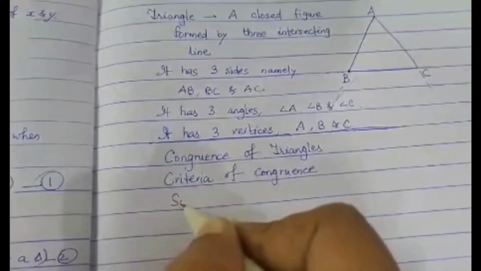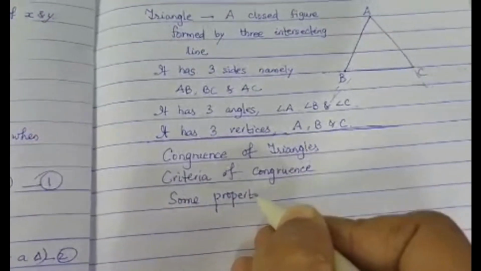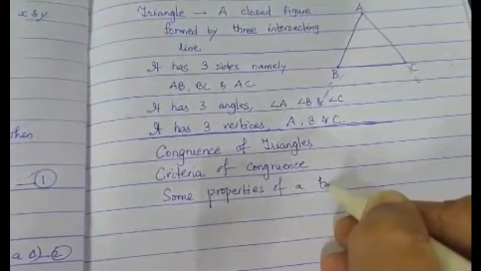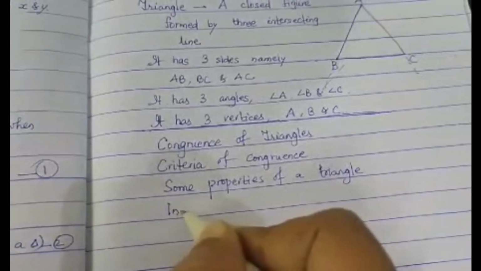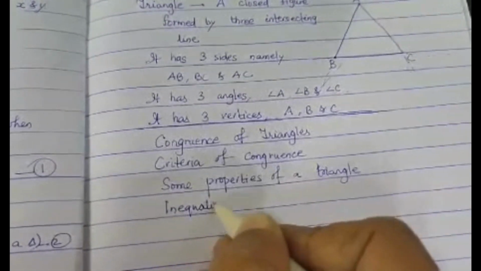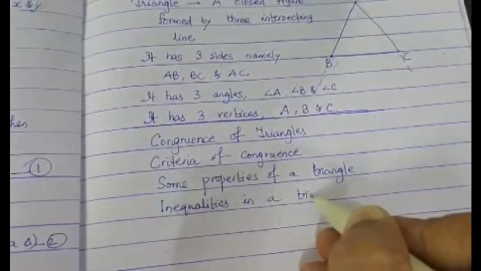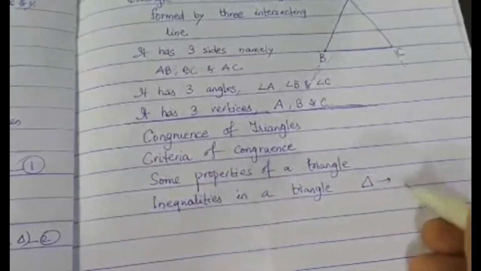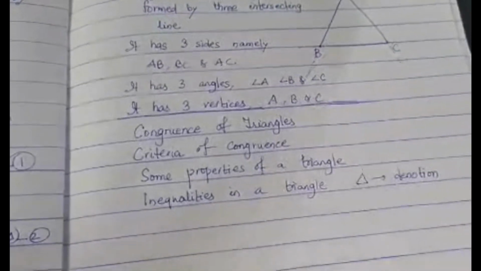Some properties of a triangle. And also inequalities in a triangle. And how we denote a triangle? Like this. This is the notation of a triangle.